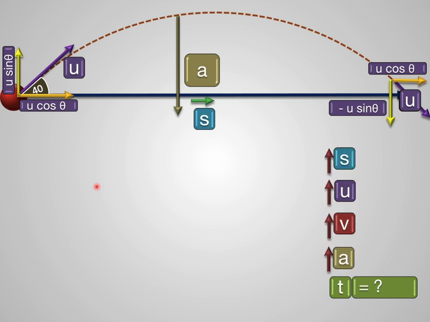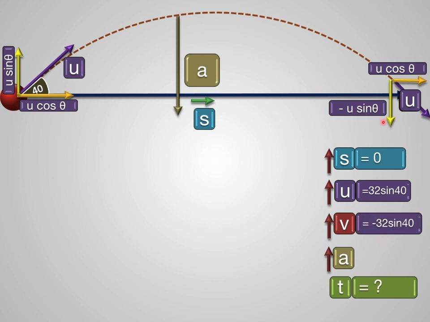The vertical displacement, as we have seen before, the final vertical displacement is 0. Initial vertical velocity, as you can see there, is u sin theta. Final vertical velocity is exactly equal and opposite to initial. So the initial is plus 32 sin 40 and the final is minus 32 sin 40, because they are exactly opposite to each other.